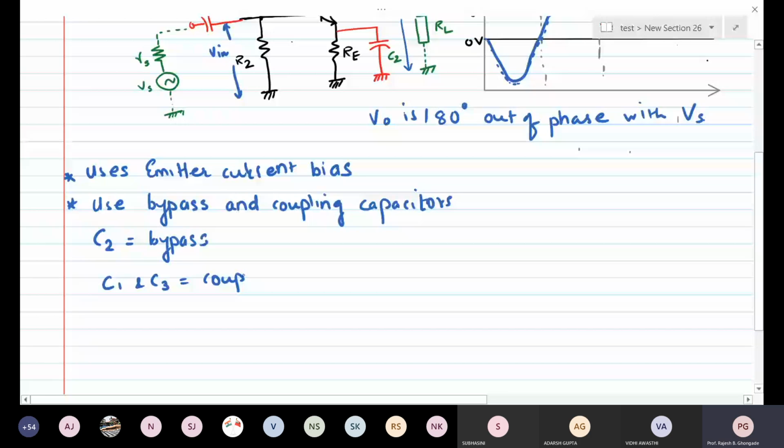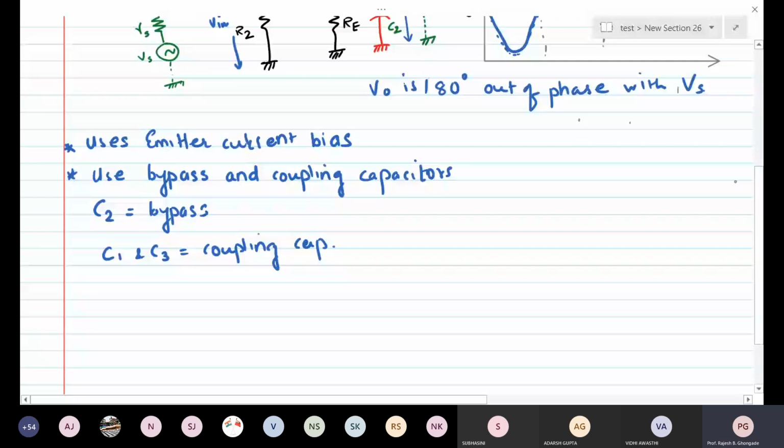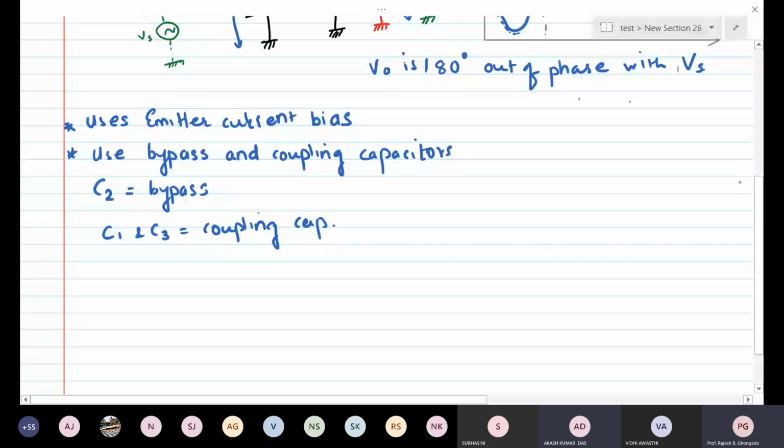Why do we require these things? Why do we require the coupling capacitors? We'll talk about C1 and C3 first of all. Please remember that your input signal VS may have some DC content. What do you mean by DC content?